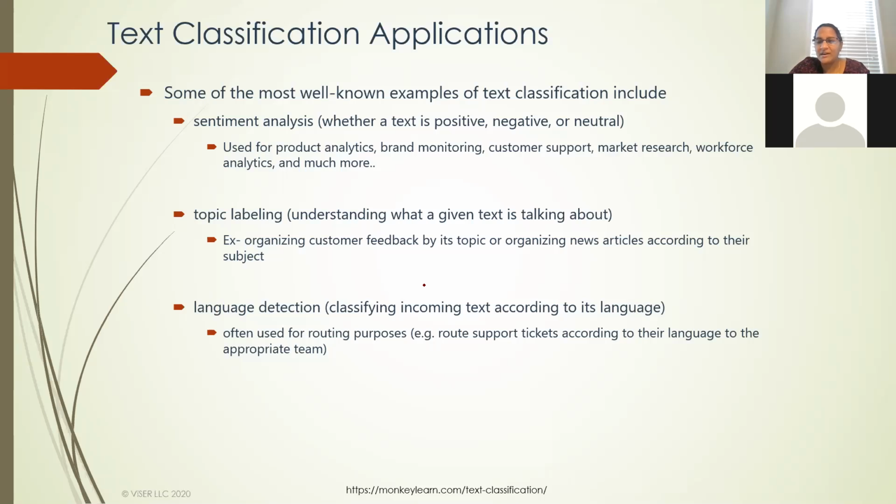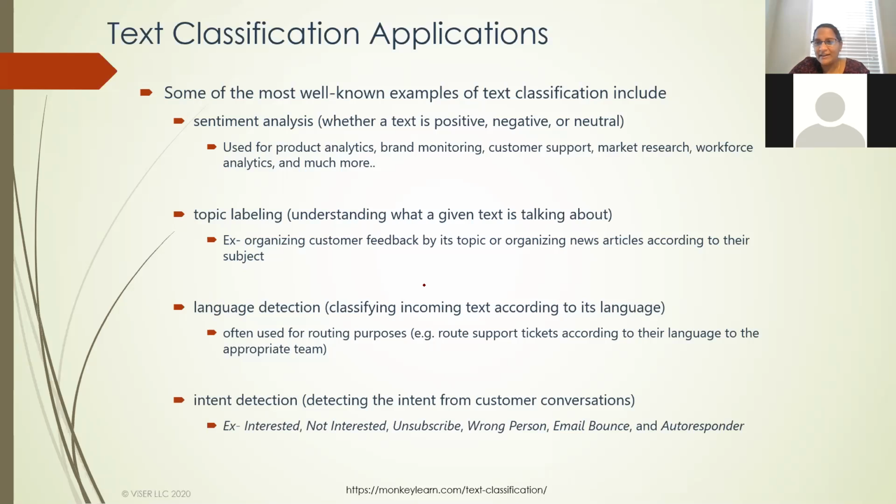Language detection, which is detecting which language the text is in. An example is that you route support tickets based on the language they come in. Intent detection is very useful for customer conversations: by looking at the text the customer has written, you can tell whether the customer is interested in the product or not.